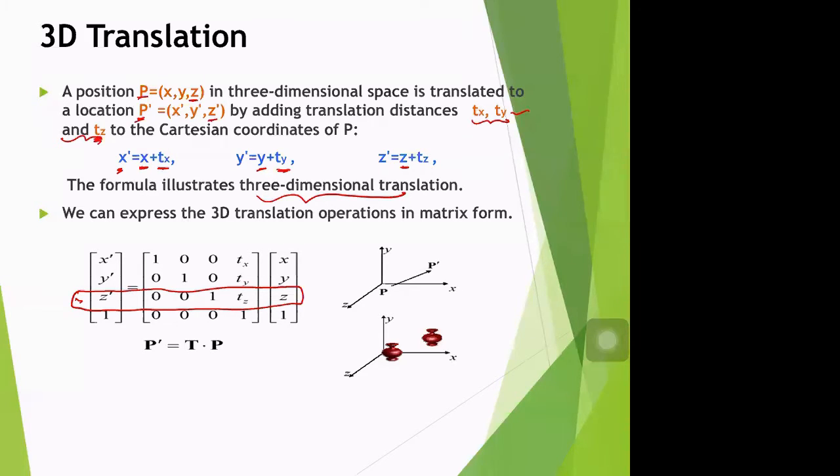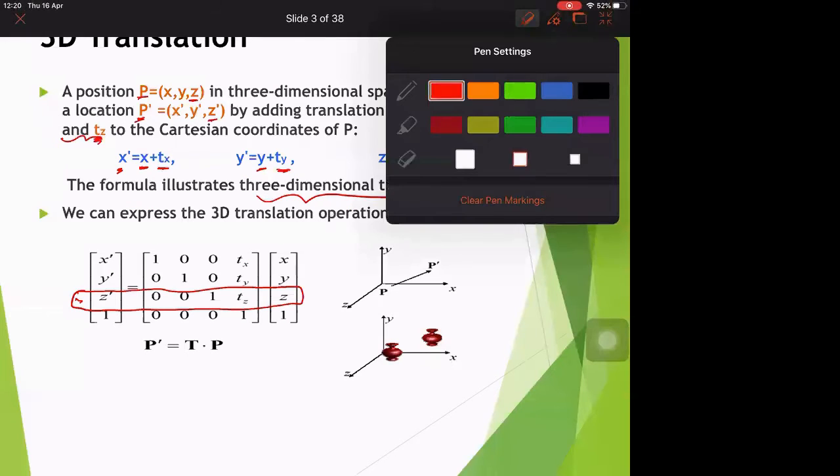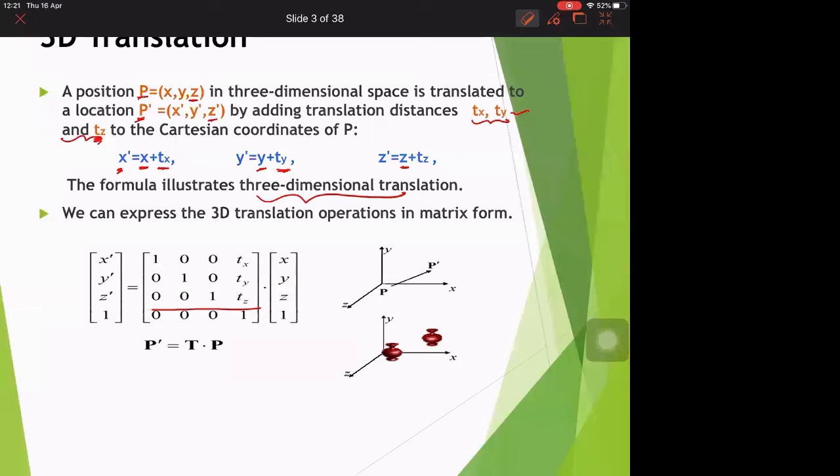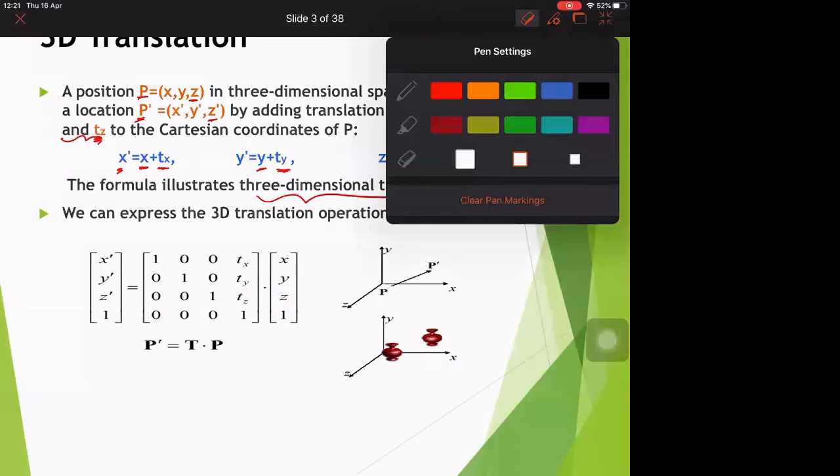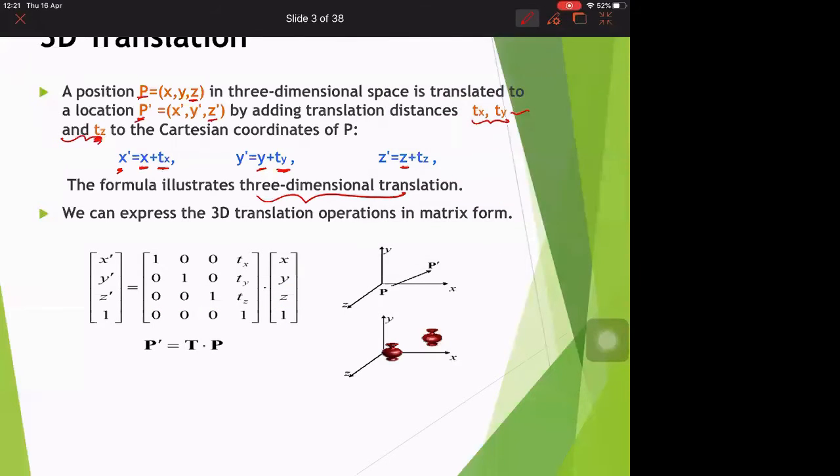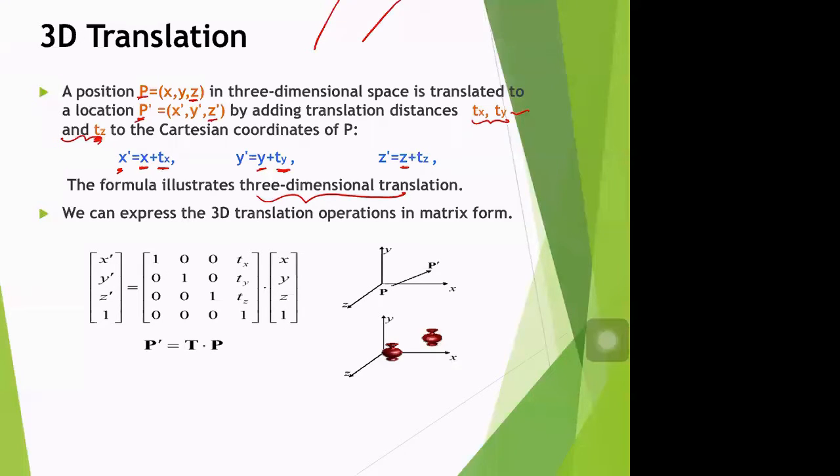Now we are seeing the three-dimensional translation matrix, where we have a Z coordinate. So we have added a Z coordinate here.